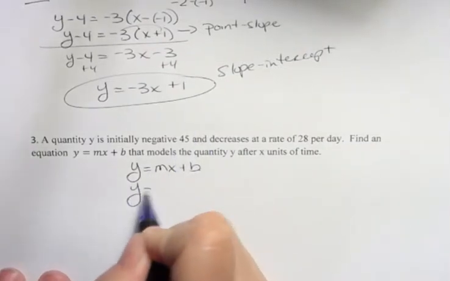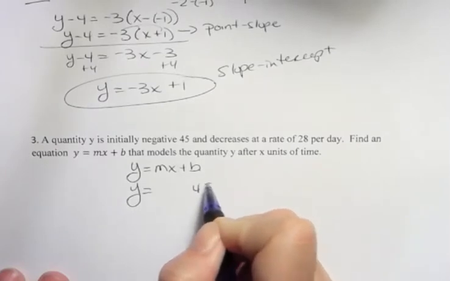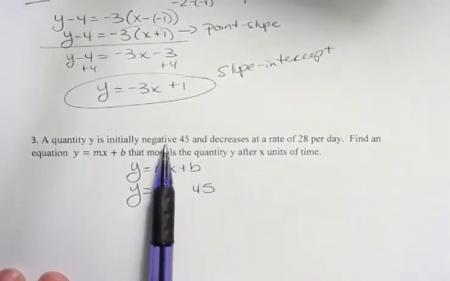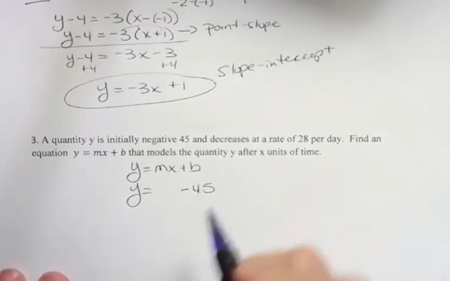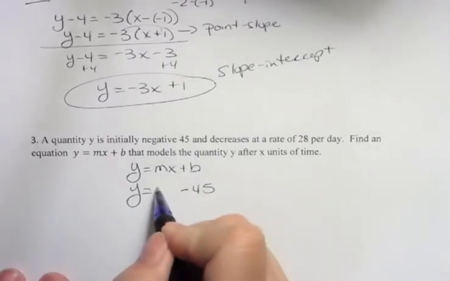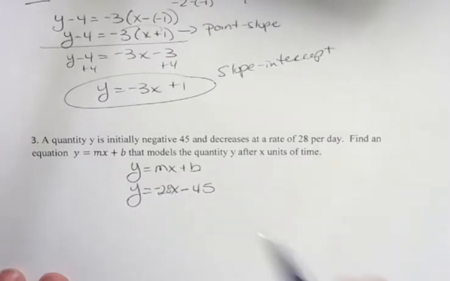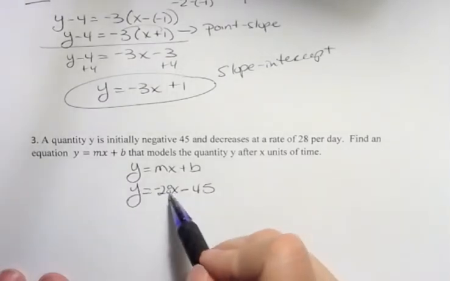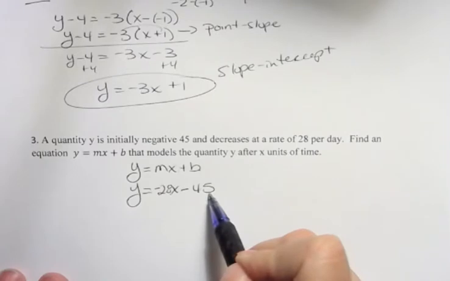So I know that down here it's going to be 45, but is it plus or minus? Well, it says negative, so that's going to be negative 45. That's my starting point. And then it's decreasing at 28 per day. Decreasing means going down. So I have negative 28x minus 45. It's decreasing, and it also started negative.